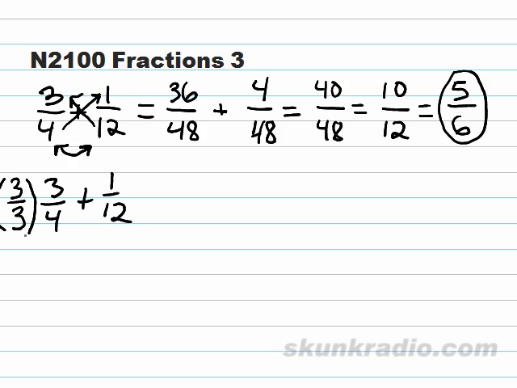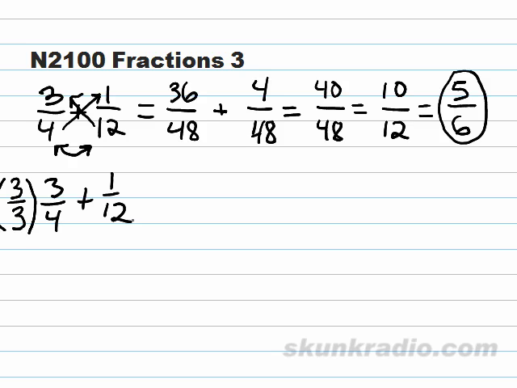And anything times 1 is the same number. It really doesn't change. This is a difficult concept, I know, but we're just using this as a trick in math to help us solve this particular problem.